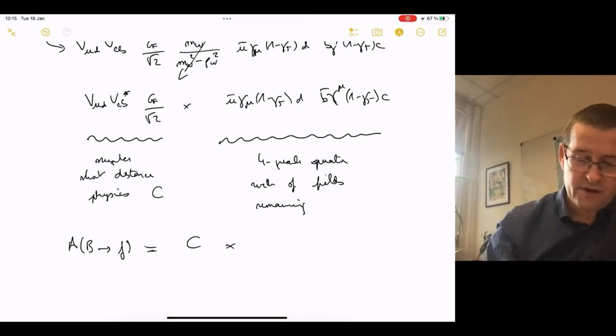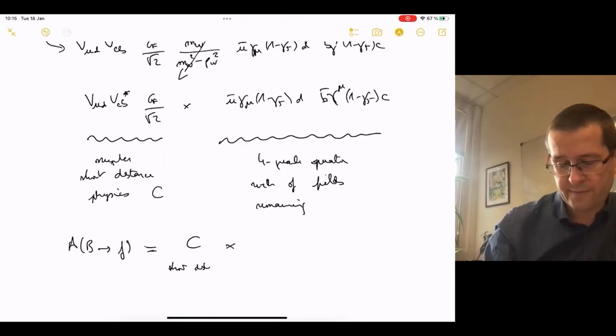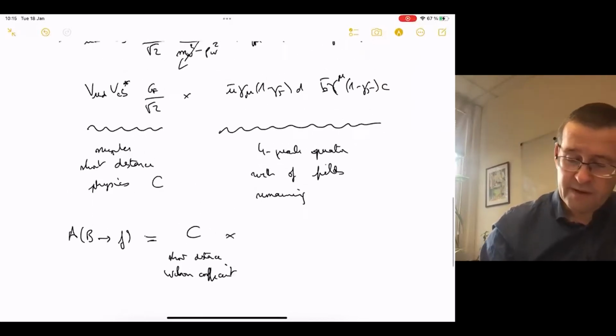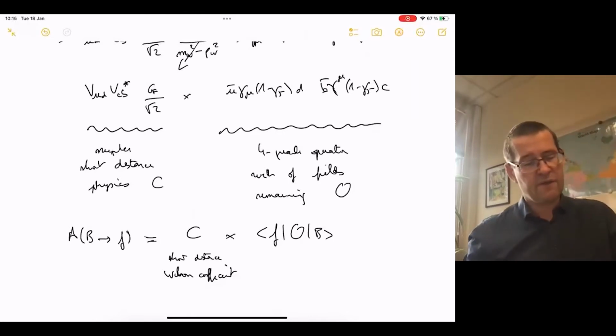this coefficient, which is short distance, the Wilson coefficient, multiplied by a matrix element between the operator that you just obtained and the long distance.